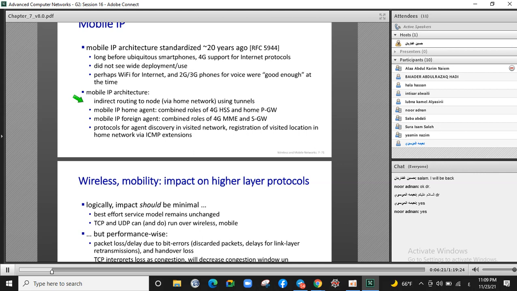When we talk about mobile IP architecture, this architecture is using indirect routing.